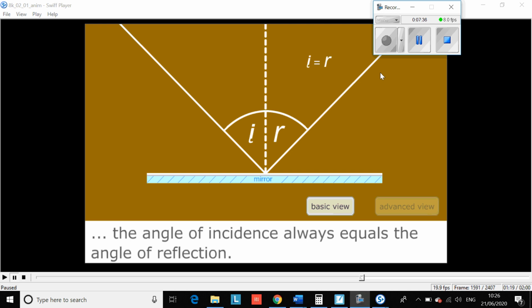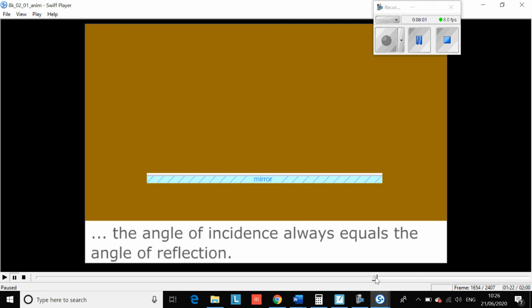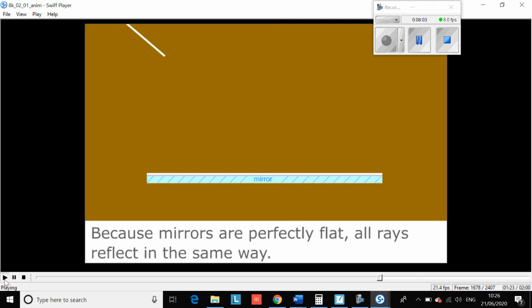Okay, welcome back. Now, the reason this happens with mirrors is because if we look at mirrors under the microscope, they are very smooth surfaces. And so the beams of light bounce off them or reflect off them in a very ordered and very predictable way. However, that's not always the case with other materials. So with a mirror, the beams of light always come in like this.